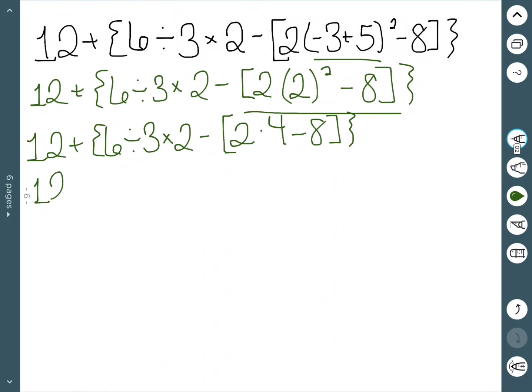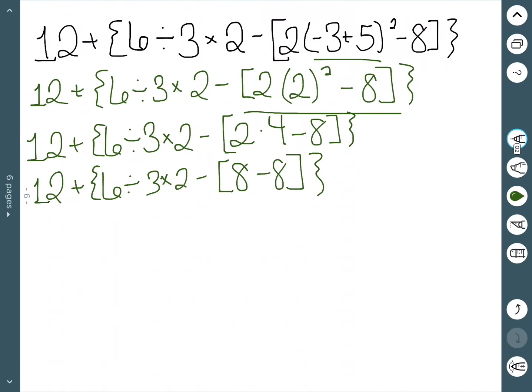Next, we multiply and divide inside of that grouping symbol. So this time, 2 times 4 is 8, minus 8. And now we can finally do the last part of that grouping symbol, which is subtract. And we get 0. So minus 0.